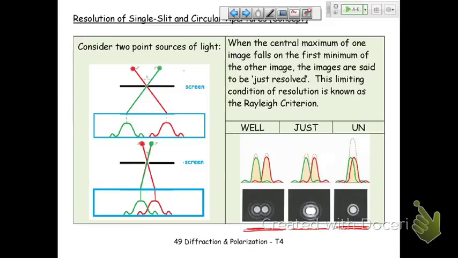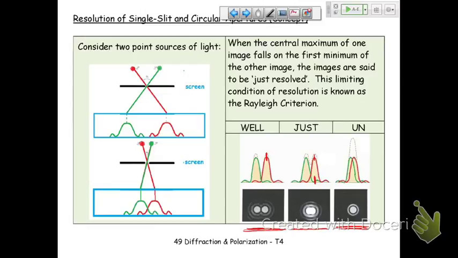And what we say is that when a central maximum of one image, say the red central maximum, falls on the first minimum of the other image, well, there's the red maximum falling on the first minimum. The image is said to be just resolved.